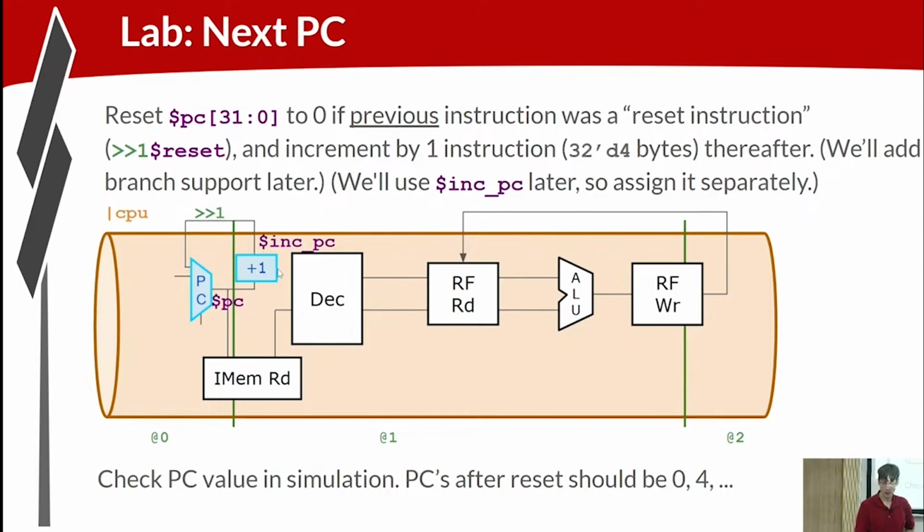We're going to do it slightly differently than we did before. When we did this before, the increment function was prior to the mux associated with stage 0. We're going to want an incremented PC value for other logic that we implement. So I'm going to ask you to implement the incremented PC in stage 1 this way to match this diagram. But same concept.